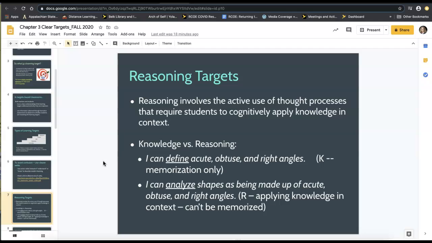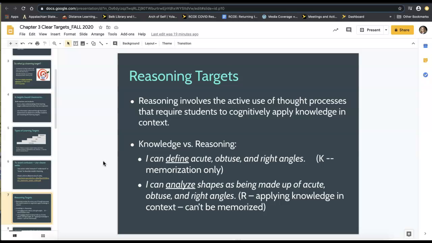One thing I wanted to point out is the difference between knowledge and reasoning. We pretty much always have to have knowledge targets because they're going to be the foundation for all of the other ones, hence the graphic in the earlier slide.